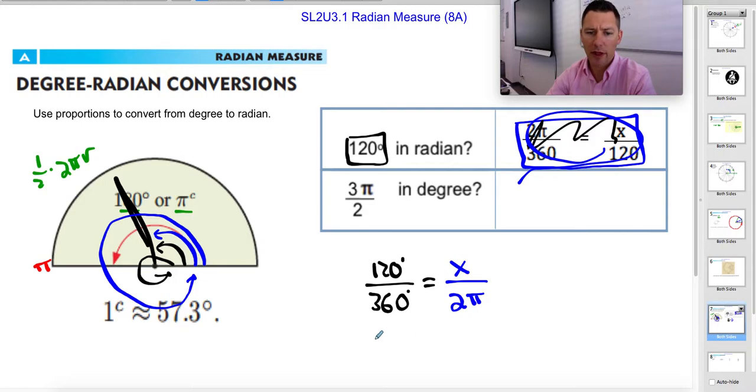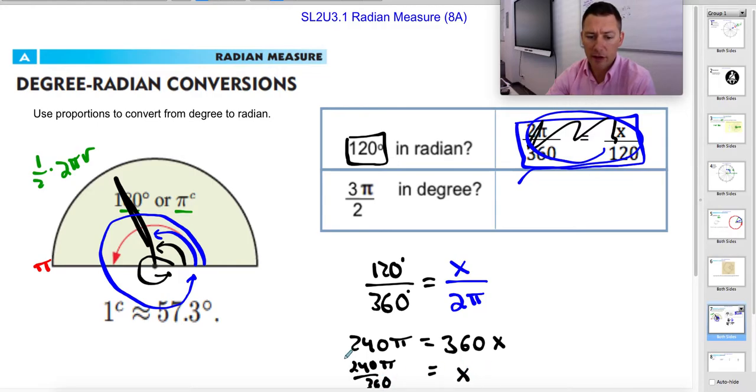And then you can cross multiply. So this is 240 pi equals 360 x, and radians are going to have pi in them normally, so leave it. So this is 240 pi over 360 is your x, and then you can clean this piece up.